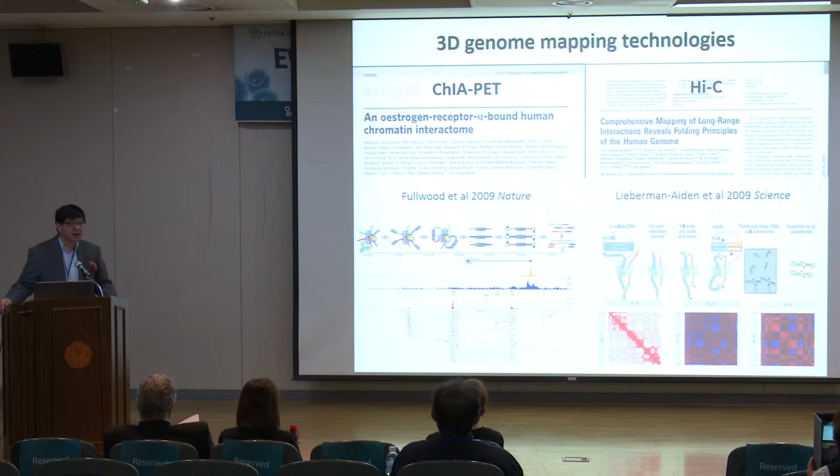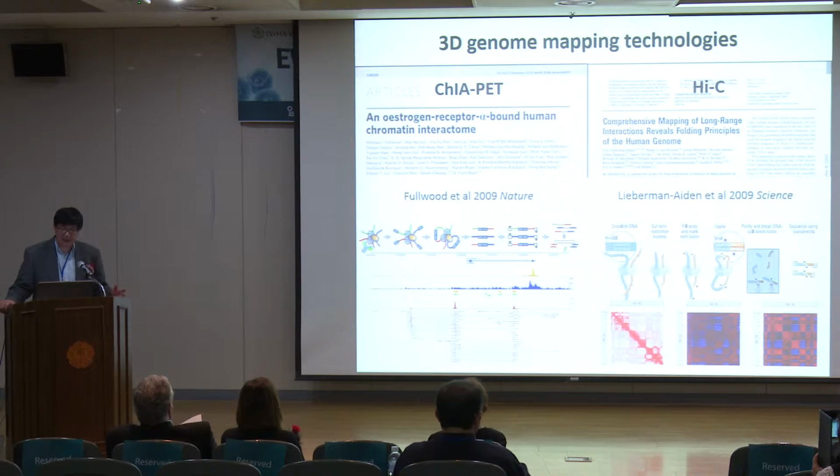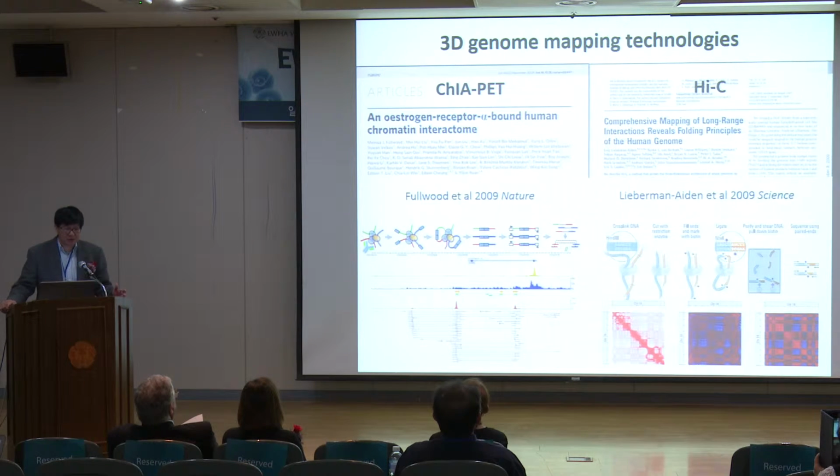So in 2009, my group, along with another group, developed the 3D genome mapping technology. The method that we developed is called ChIA-PET. It stands for Chromatin Interaction Analysis by Paired-End Tag Sequencing. Another method is called Hi-C, high-throughput chromosome conformation capture sequencing.